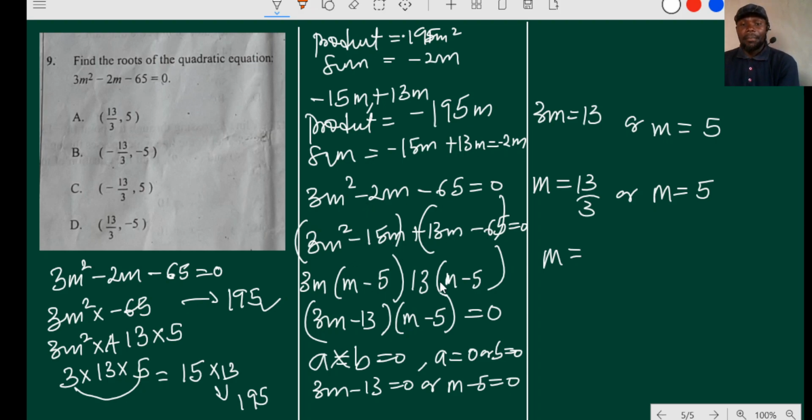We have m minus 5, and our final answer here, you go and find where we see 13 over 3 and 5. So from question A, you're able to see that that is the answer. So that's all. There's a little error, please. This is plus.